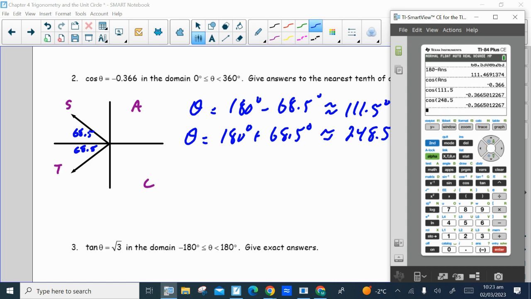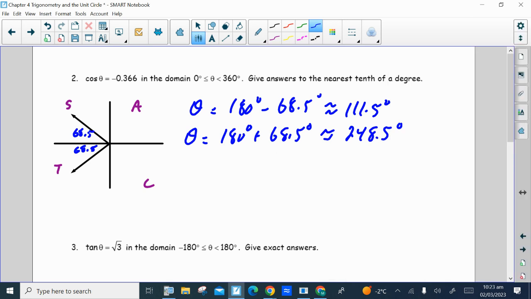You'll get something close, but not exactly. To get the exact value to check in the calculator, you would add the entire reference angle to 180 and then take the cosine of that angle, and that will give you exactly negative 0.366. Okay, so again, you should never get these wrong. You can always check them on your calculator.